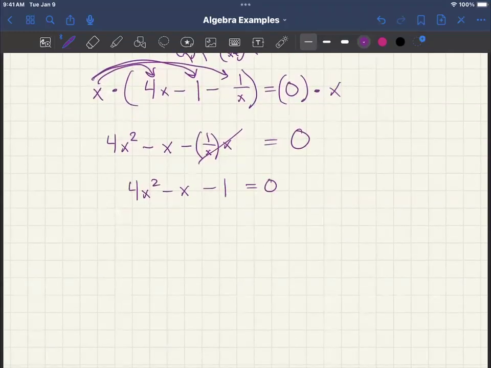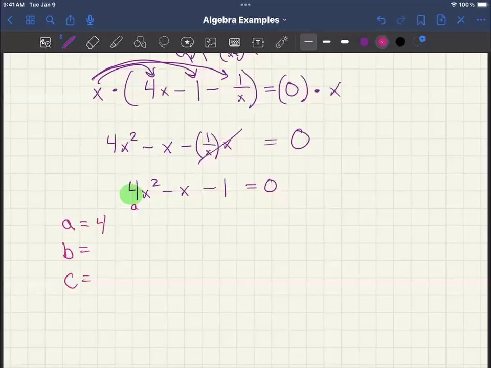So this looks like what we want it to look like, a regular quadratic equation. And now we can use our quadratic formula. Before we do that, let's figure out our a, our b, and our c. Remember, our a value is always the first coefficient of our quadratic equation.